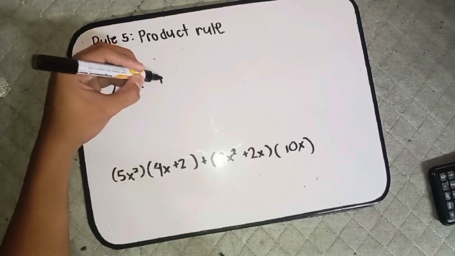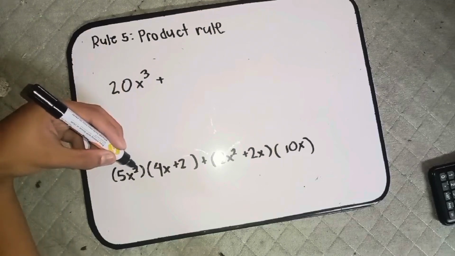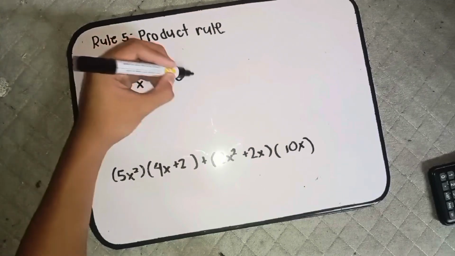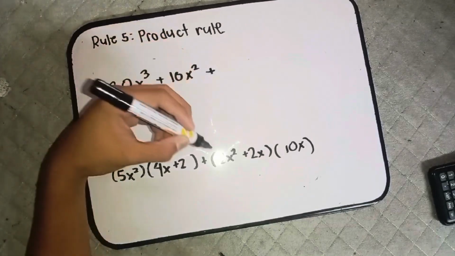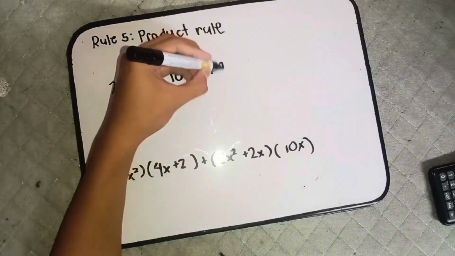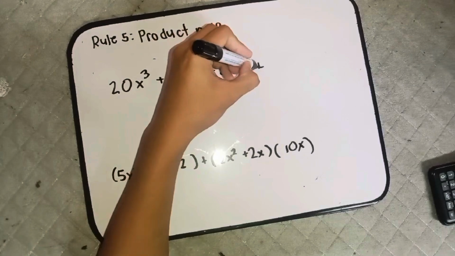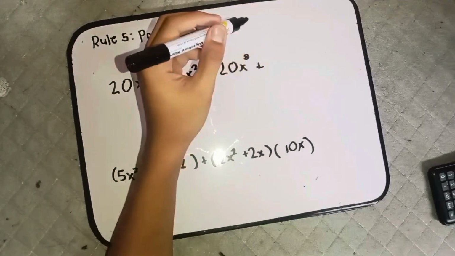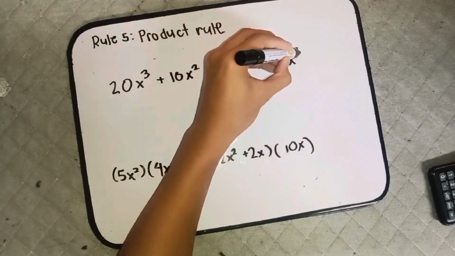We do the same for the other number, which is 5x raised to 2 times 2, which equals 10x raised to 2. Now let's do the other side. 2x raised to 2 times 10x is equal to 20x raised to 3, plus 2x times 10 is equal to 20x raised to 2.